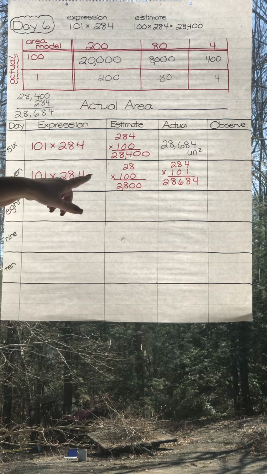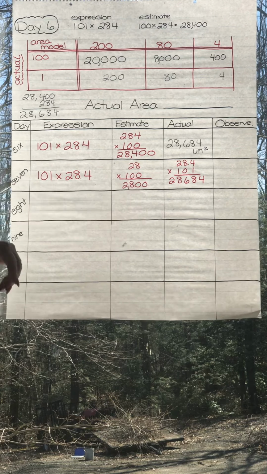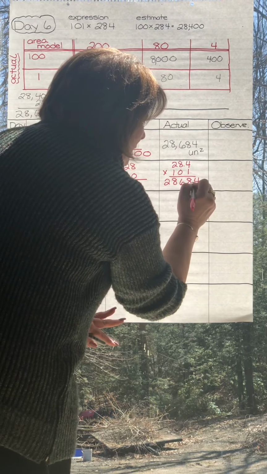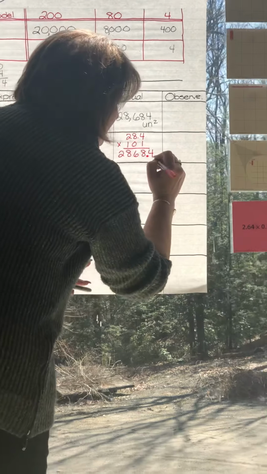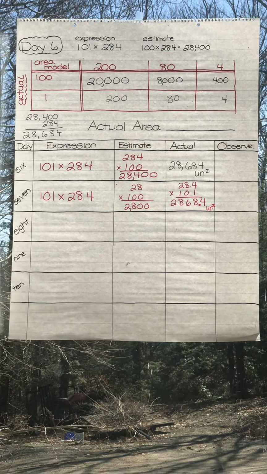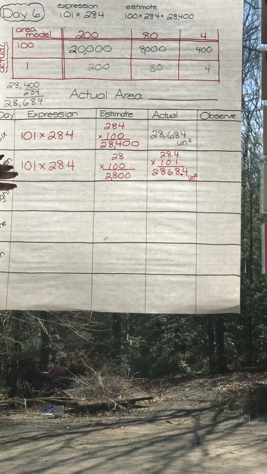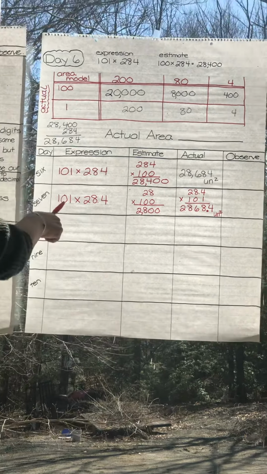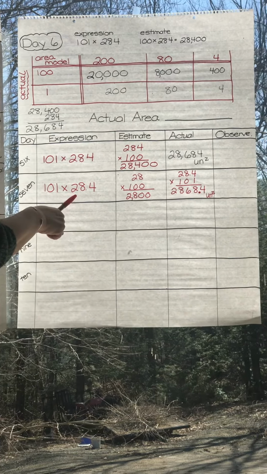So we can use our estimate, and we know that it's going to be somewhere around 2,800. And in that case, it only makes sense for the decimal point to go there. And then we add in our label of square units. However, if we want to use our original expression to determine what the answer would be for this, we know that this is the same factor, and this is just one place value less.